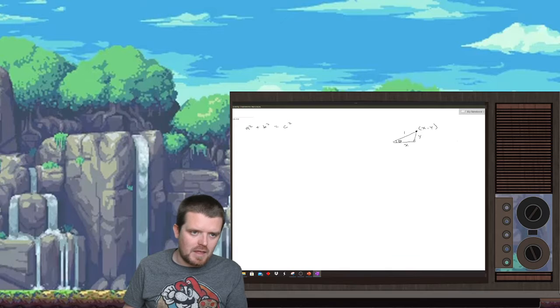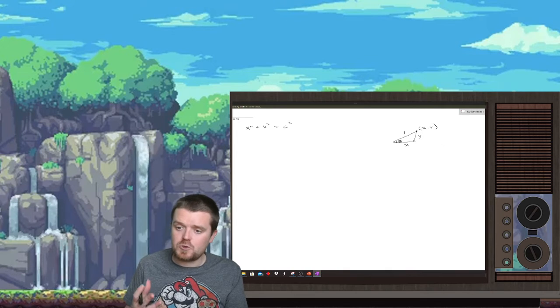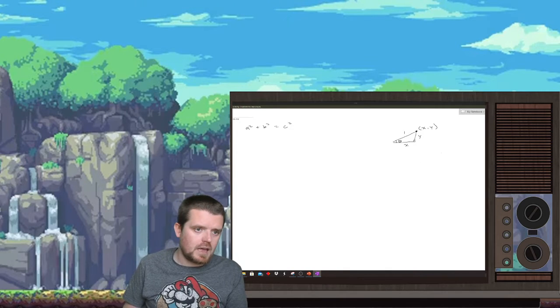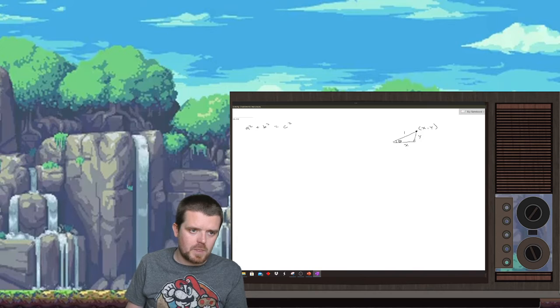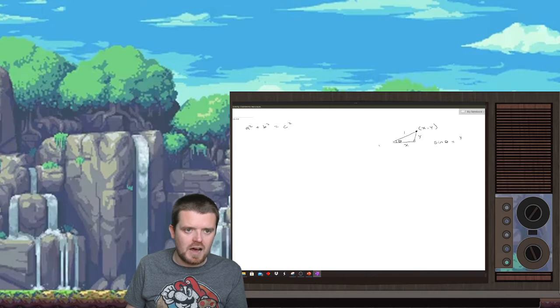Now, based on that, if I was looking at my basic trigonometric ratios, I end up with x and y defining the angles here. Let's say sine of theta, for instance, is equal to opposite over hypotenuse. So y can be defined here as sine theta. And similarly, cosine theta is equal to the adjacent side over the hypotenuse. So x can be defined as cosine theta.